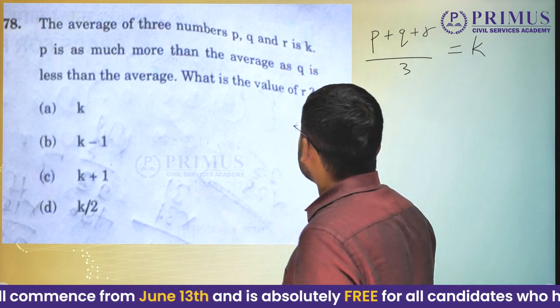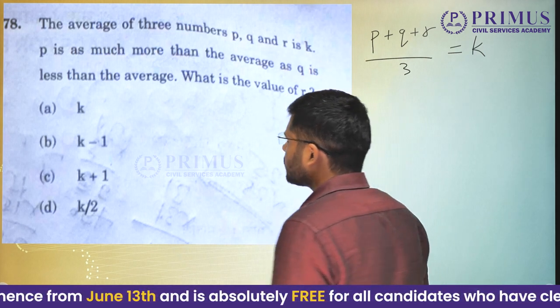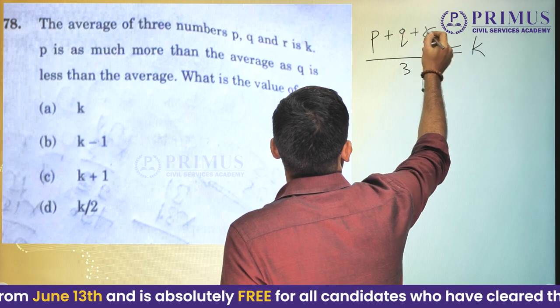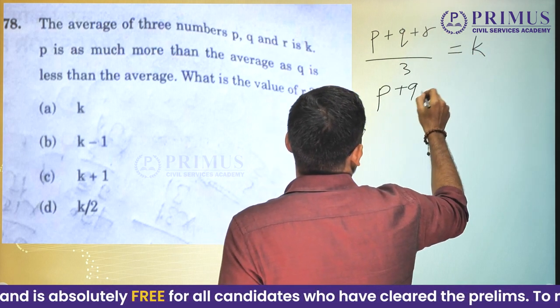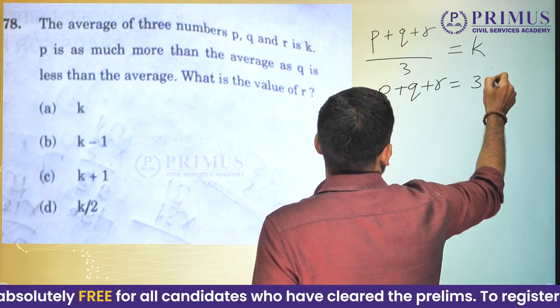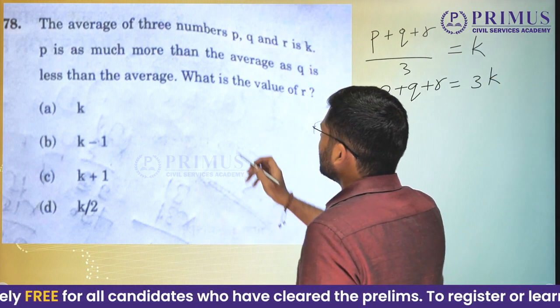If you want to answer it by mathematics in detail, P plus Q plus R is equal to 3K.